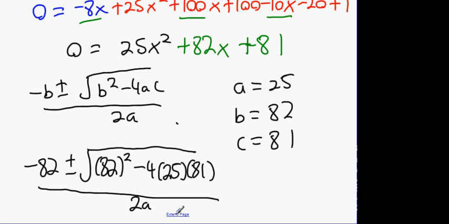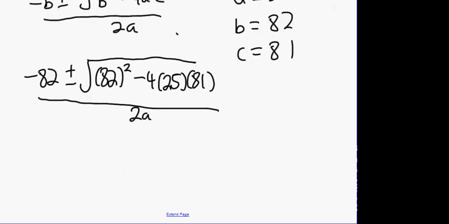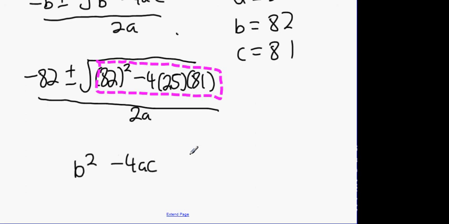Now, what I want you to do here is, this is the B squared minus 4AC part, just this part on its own. I want you to tell me what B squared minus 4AC is. What number is it? Use your calculator for this. It's 82 squared minus 100 times 81.